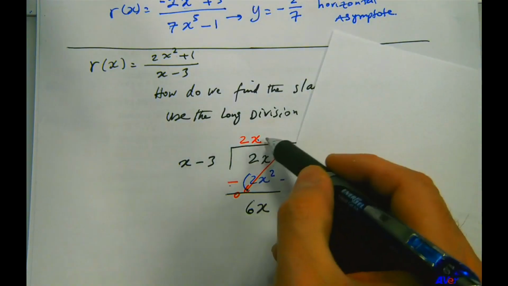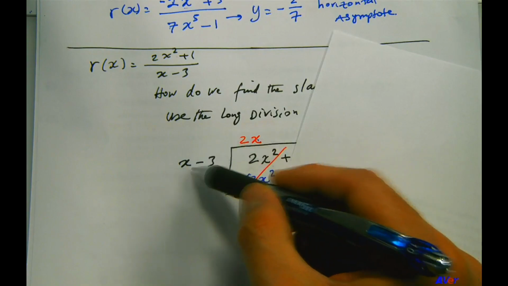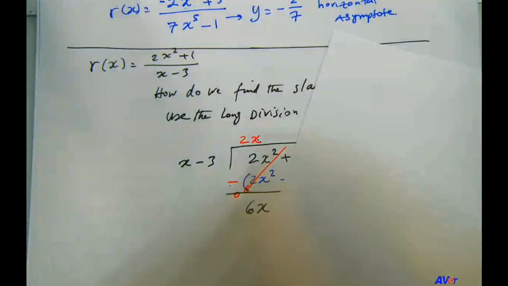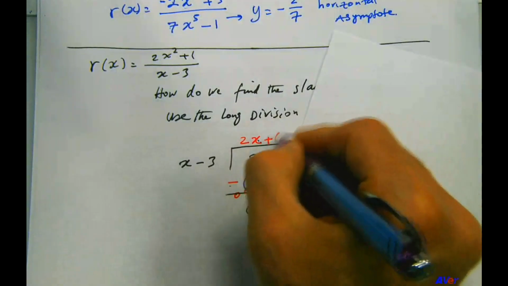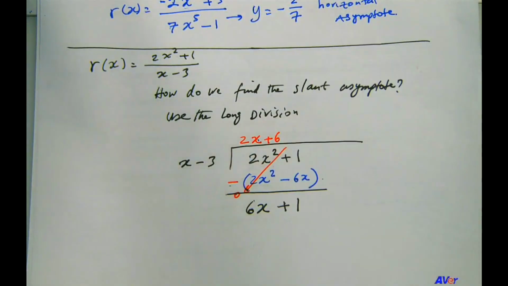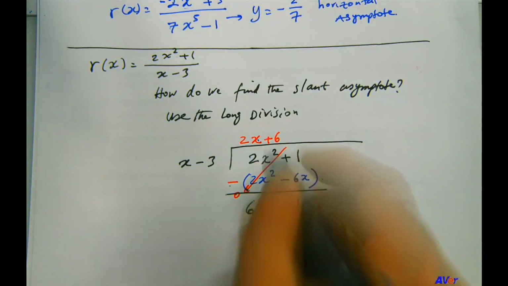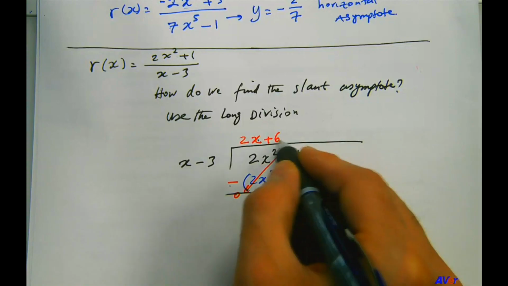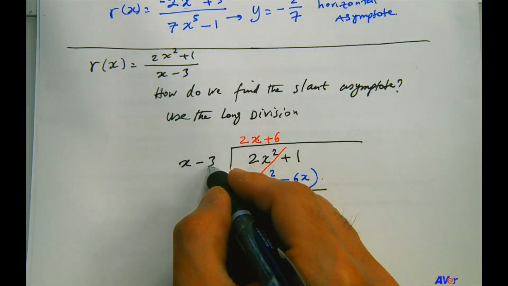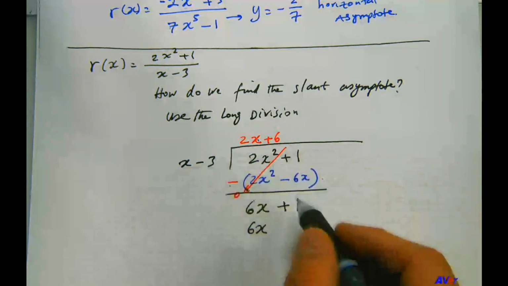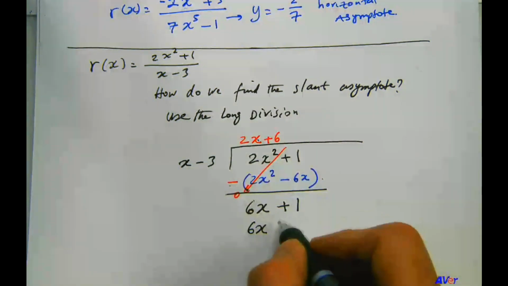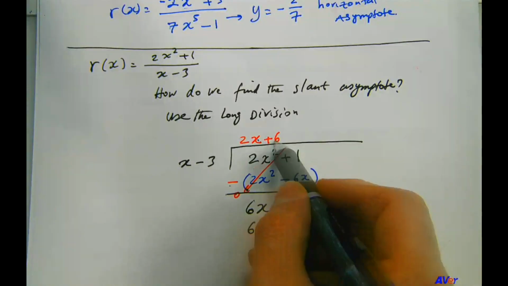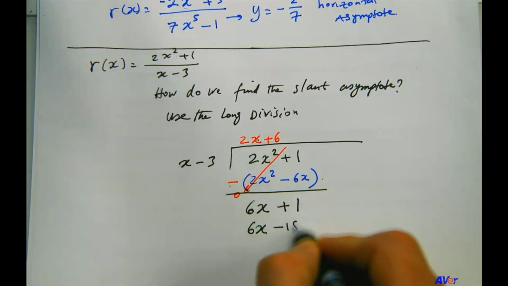What can we put up here to multiply by this x to get 6x? Well, we already have x, so plus 6. Okay, so now let's distribute 6 into this. We have 6x, 6 times minus 3, right? That will be minus 18.